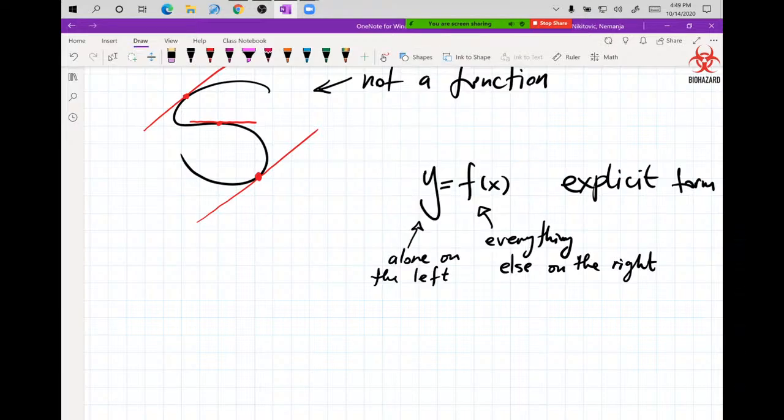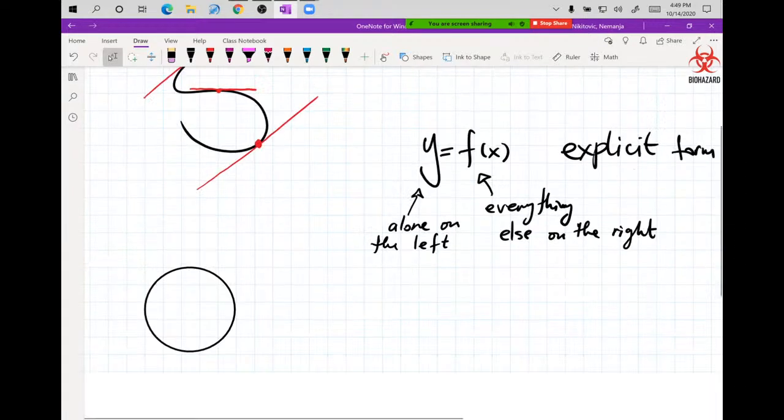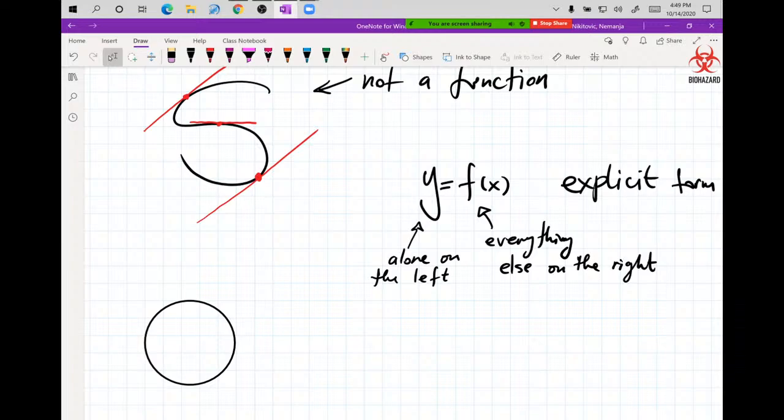Practiced drawing circles for years, so those are the mad skills, as you can see. Here's a circle. And for this circle, let's put this on some coordinate system, x, y, and say that the radius is 3.